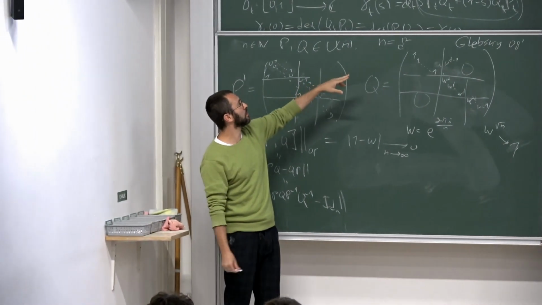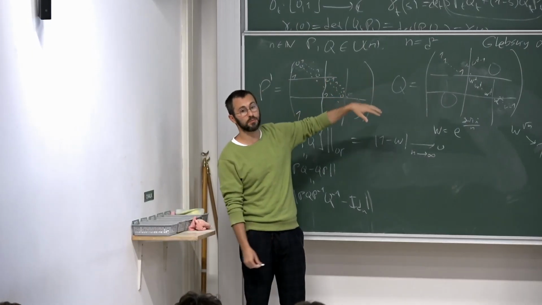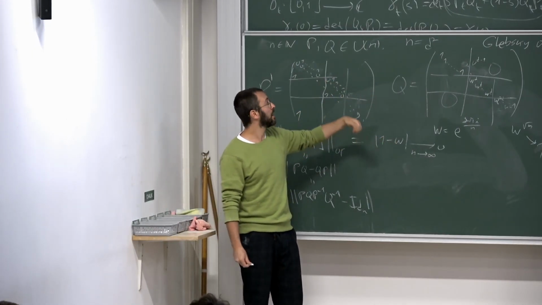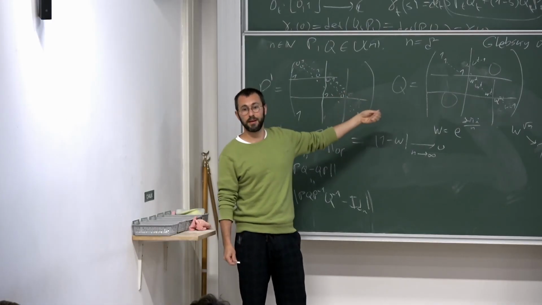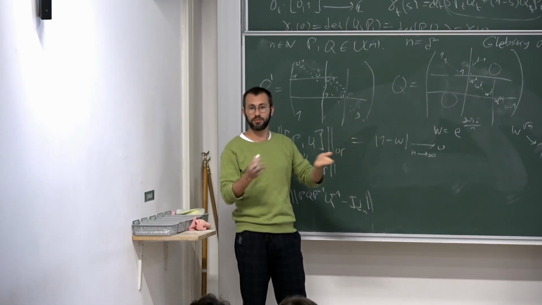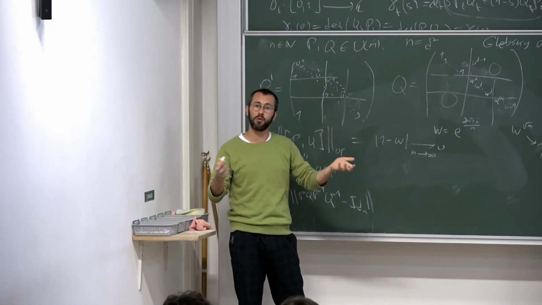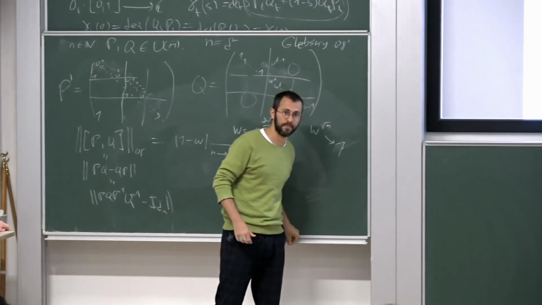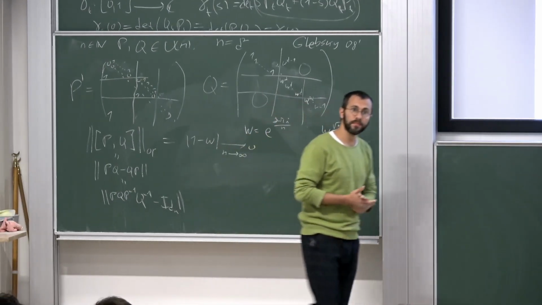So this is Glebsky's solution to showing that these matrices, which in operator norm cannot be corrected to commuting matrices, in Hilbert-Schmidt norm they can be corrected to commuting matrices. And actually what Glebsky then shows is that any two almost commuting matrices, not necessarily these examples, can be corrected to commuting matrices.